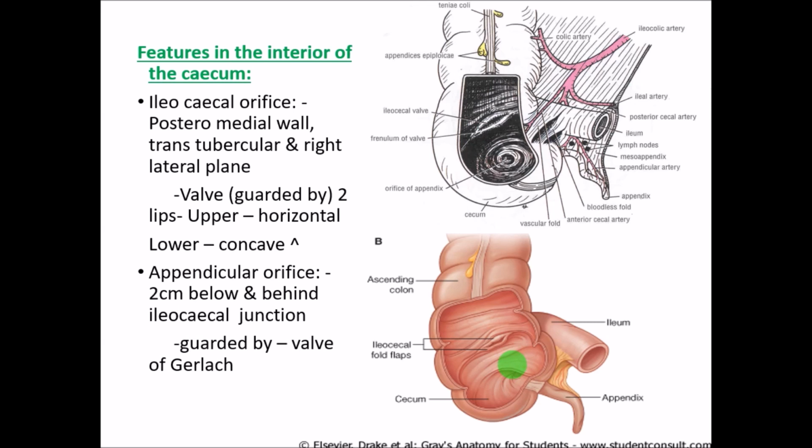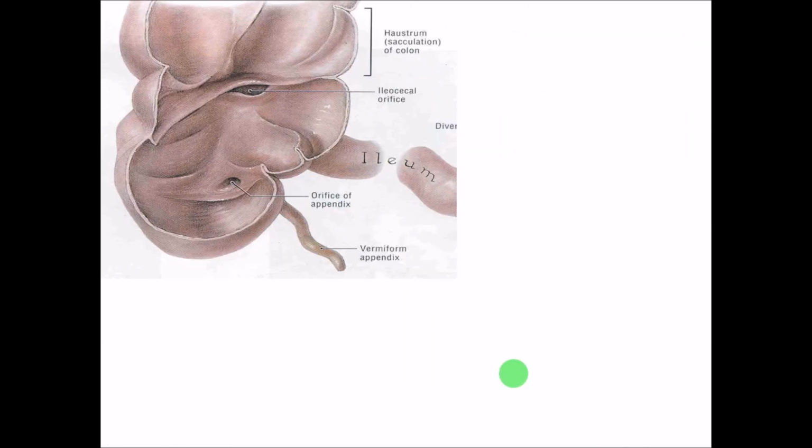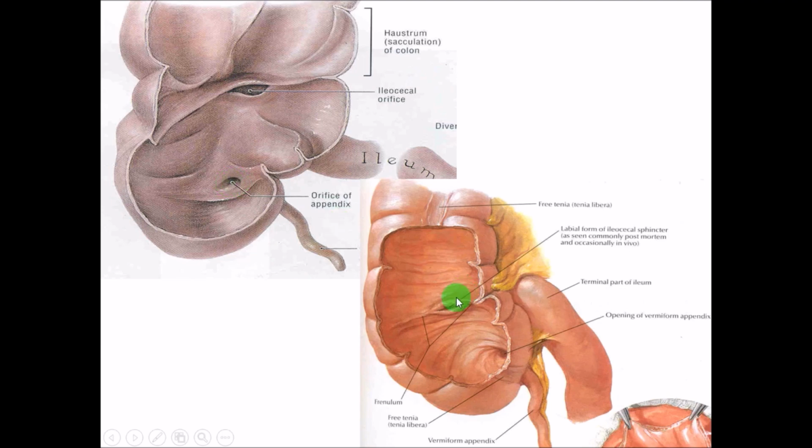The first orifice, the ileocecal orifice, has the two lips, the upper horizontal lip and the lower concave lip. So these are the two orifices which we can see when we cut open the cecum and look inside its wall. Here you can see the ileocecal orifice as well as the appendicular orifice. Here also you can see the same thing.